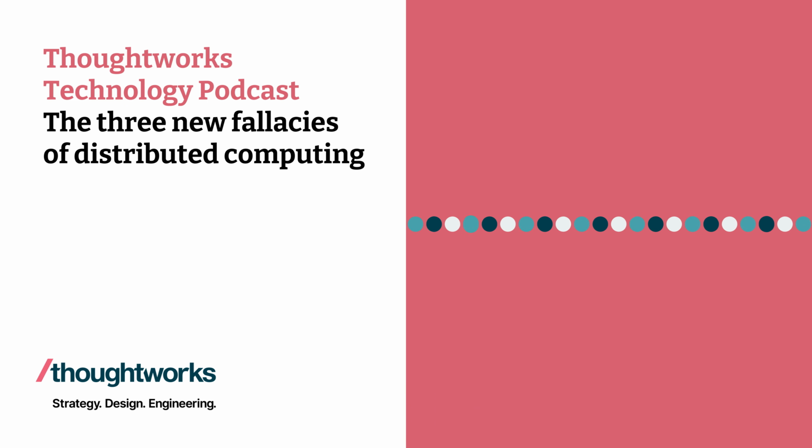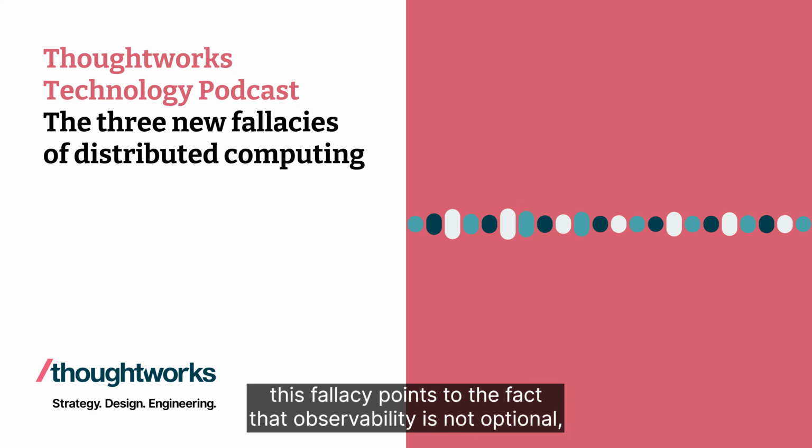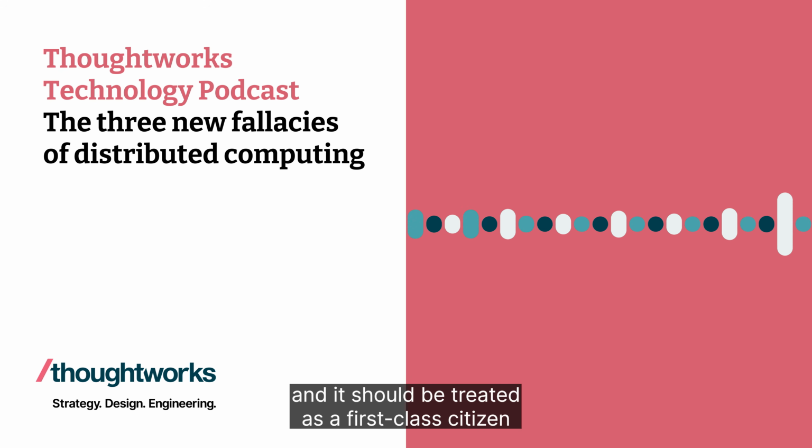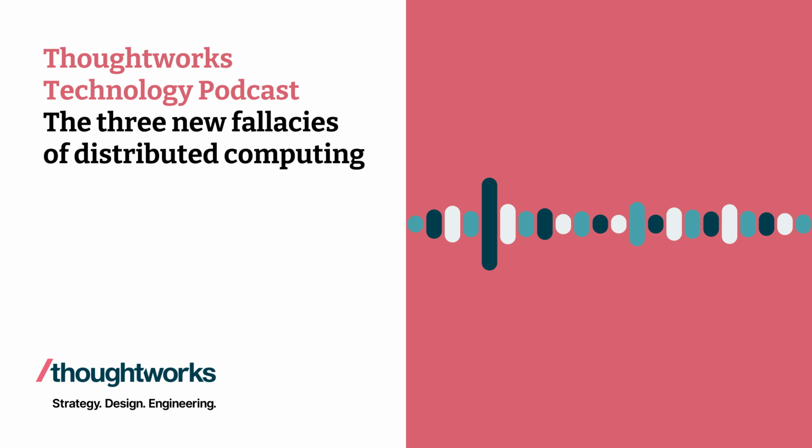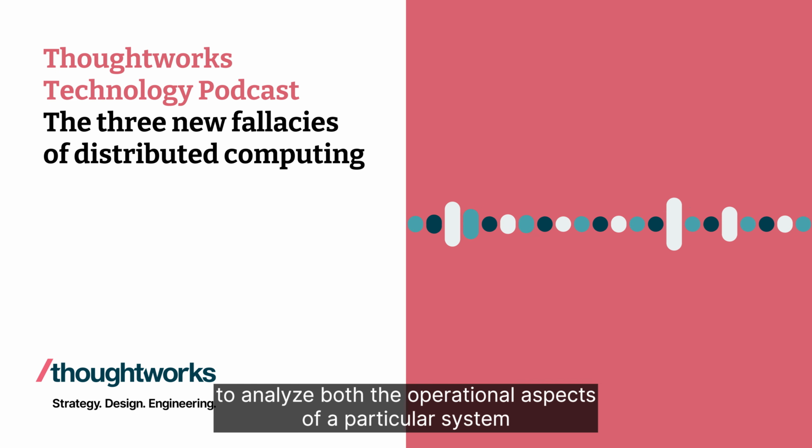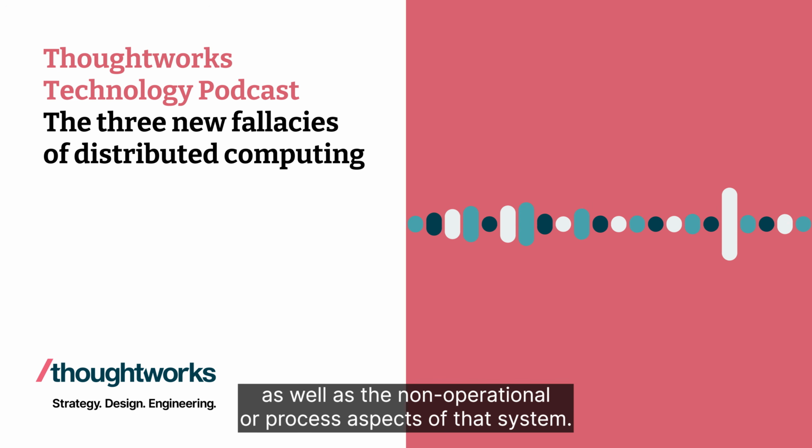And in fact, this fallacy points to the fact that observability is not optional, and it should be treated as a first-class citizen to be able to analyze both the operational aspects of a particular system as well as the non-operational or process aspects of that system.